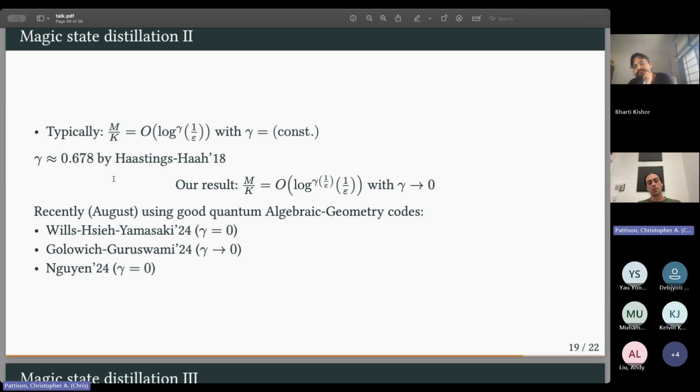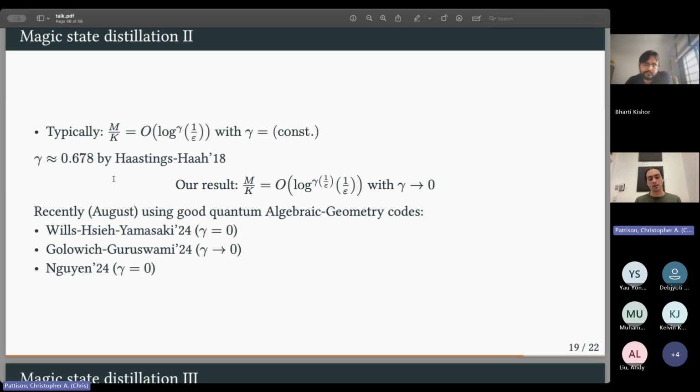There's some recent work using algebraic geometry codes. This will be a plenary talk at QIP. Our construction is quite a bit simpler than that. We're just concatenating the simplest codes you can imagine, and we also get sub-polylogarithmic dependence on the output error rate of the distillation scheme. So this is a simpler way to accomplish it.